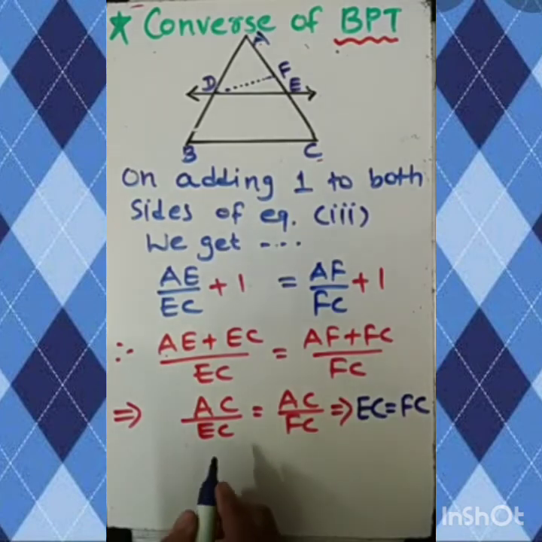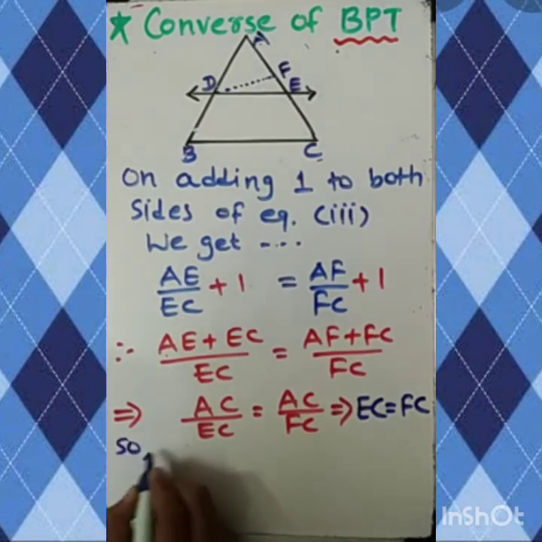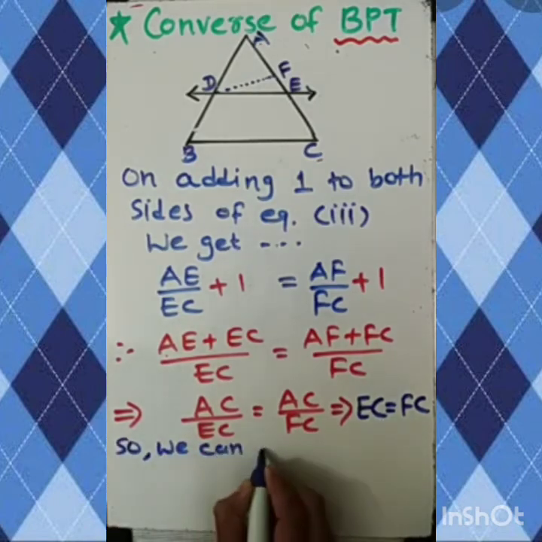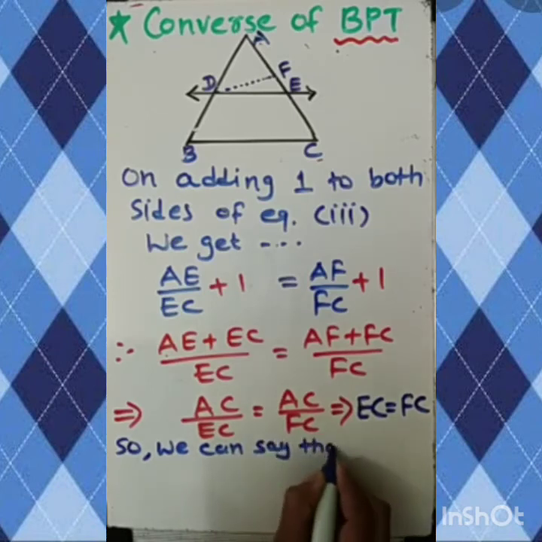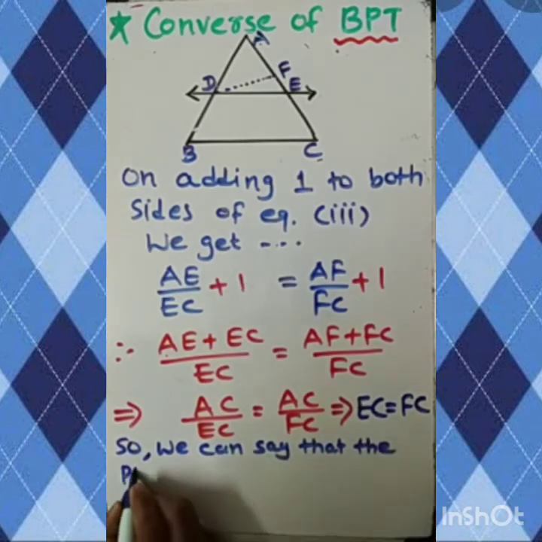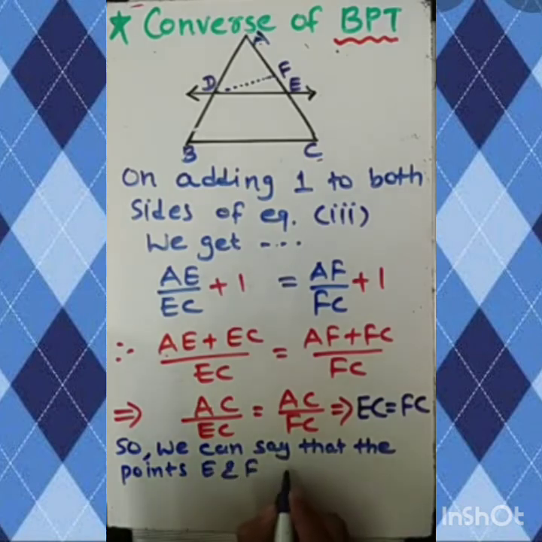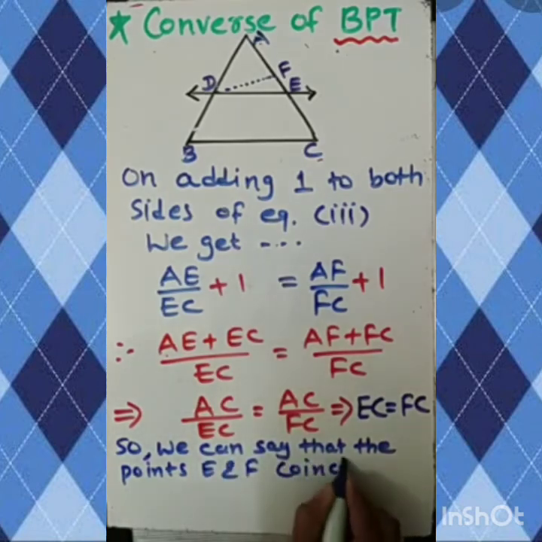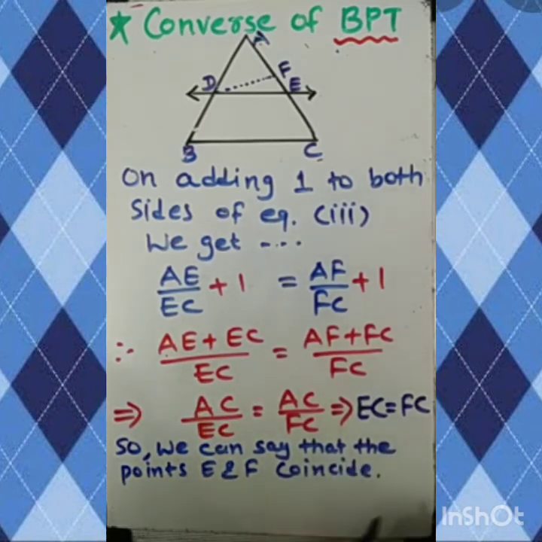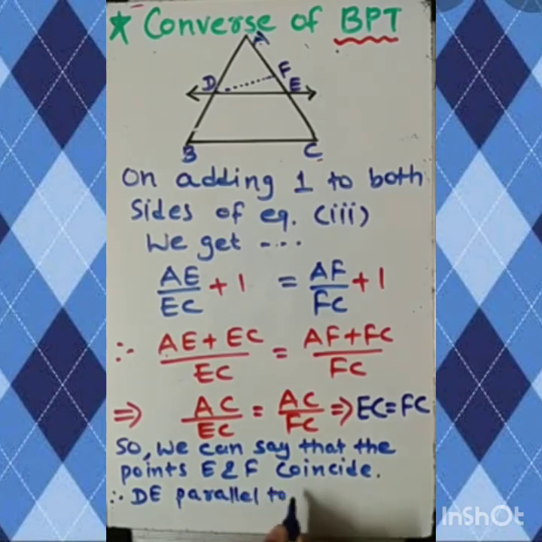So we can say that the points E and F coincide, which means they are the same point. So finally, DE is parallel to BC.